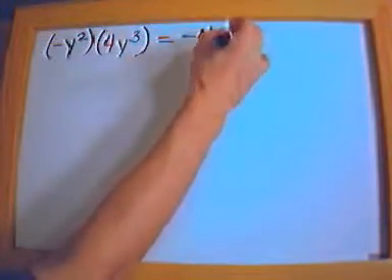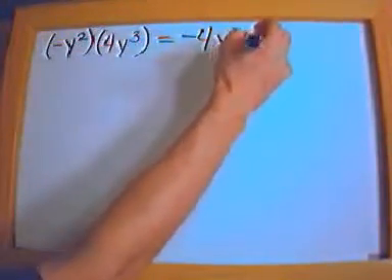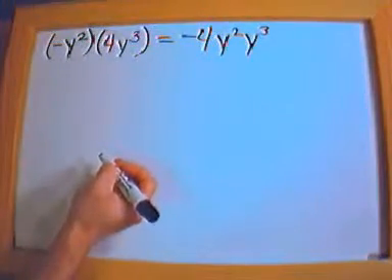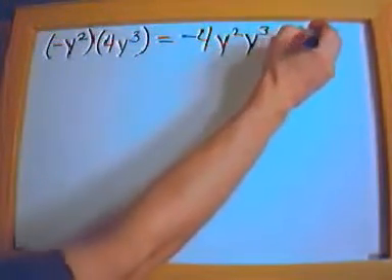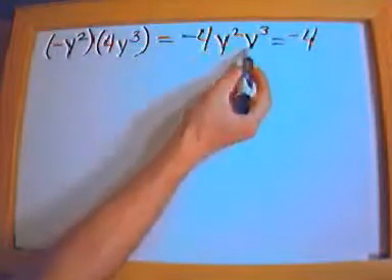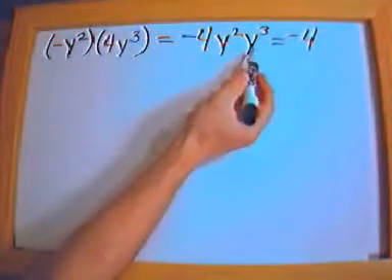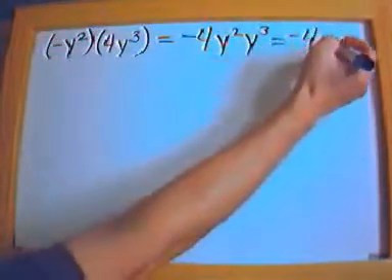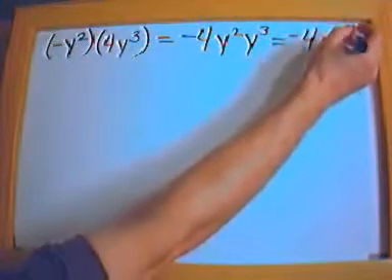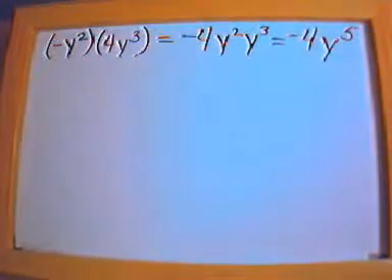And then I've got a y squared sitting here, and a y to the third sitting here. So I'm going to have a negative 4, and then it's the same base here. The y is the same base, and 2 plus 3 is 5, so it's going to be y to the 5. Negative 4 y to the fifth. It's going to be that guy.